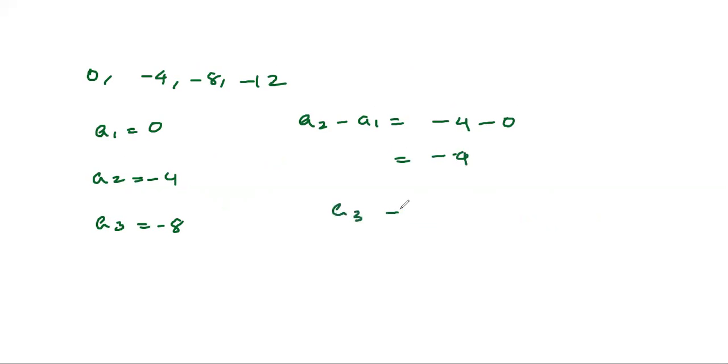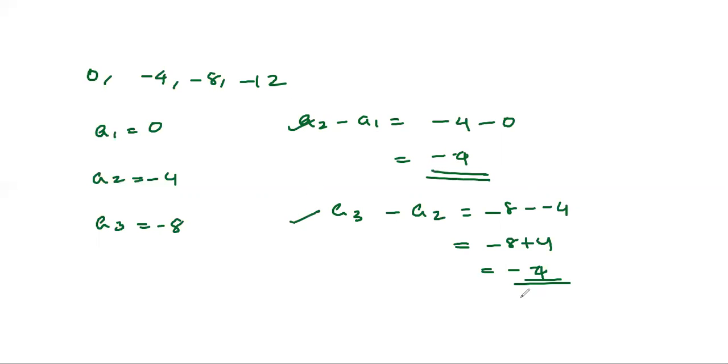Then A3 minus A2, minus 8 minus minus 4, that is minus 8 plus 4, it is again equal to minus 4. So in this question, the difference between the consecutive terms is constant, or D is equal to minus 4. So in this case, we can say this is an AP.